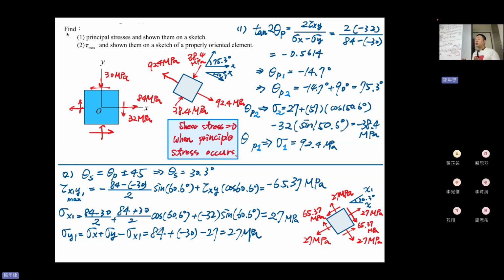Although Mohr's circle is a tool, it can help you understand the relationship between each angle. It can be drawn as a circle, very clever. So the scientists or mathematicians found that the relationship between each angle, each principal stress, shear stress, and maximum shear stress can be represented by a circle.